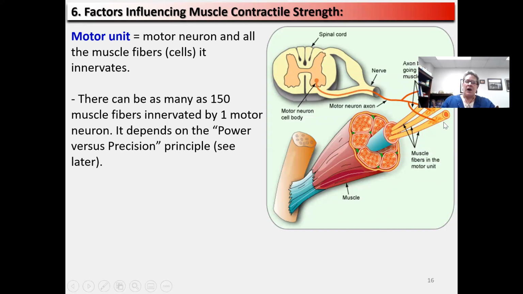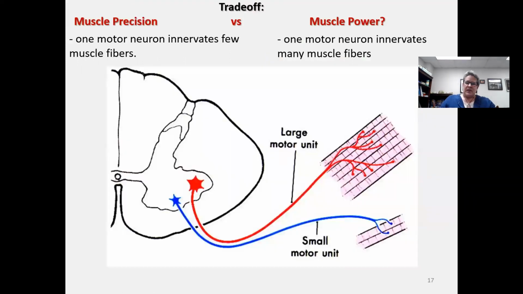Okay, so we're going to look at the power versus precision principle. So if you want muscle precision, that motor unit is going to be here shown in blue, one motor nerve connected to few muscle fibers. Here we see a motor unit of 2 fibers. That won't produce a lot of force, but that nerve will have very good precision over those muscle groups.